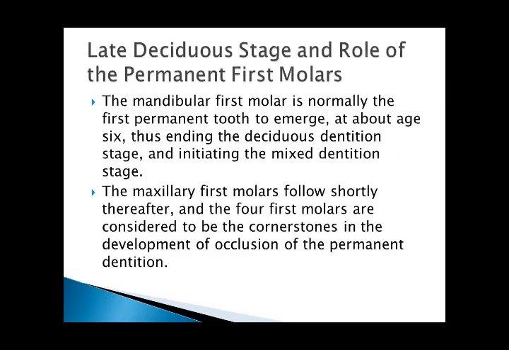The mandibular first molar is normally the first permanent tooth to emerge at about age 6, thus ending the deciduous dentition stage and initiating the mixed dentition stage. The maxillary first molars follow shortly thereafter, and the four first molars are considered the cornerstones in the development of occlusion of the permanent dentition.